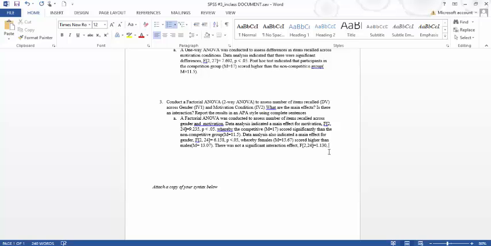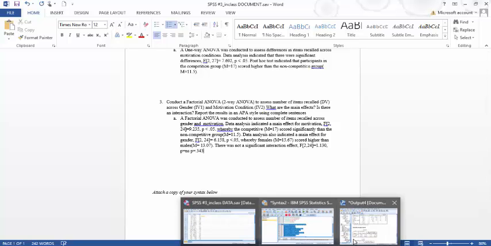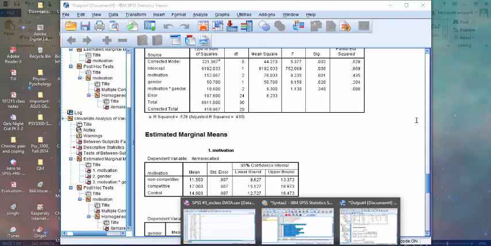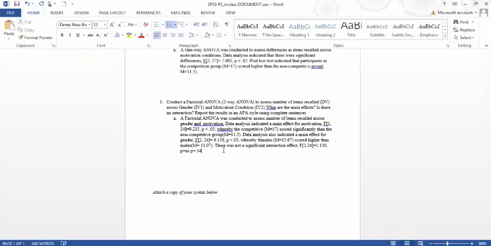And since this was not significant, we're going to say P equals NS. Alternatively, we could quote the exact p-value, which was 0.343, if I recall correctly. But for now, we'll just leave it at P equals NS. And we are done reporting our factorial ANOVA results.